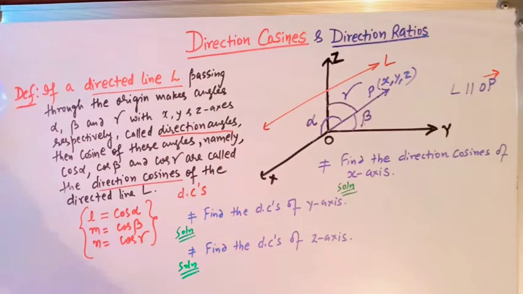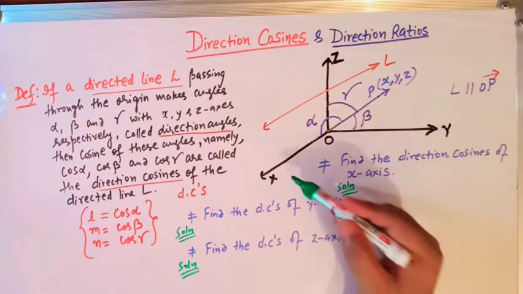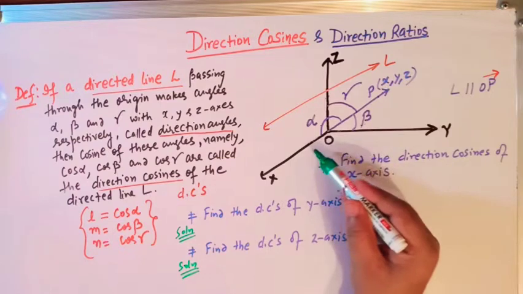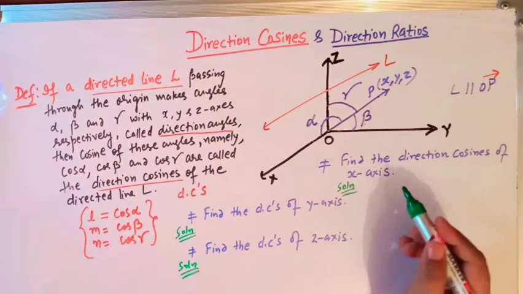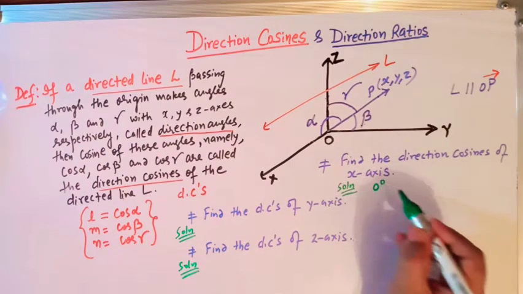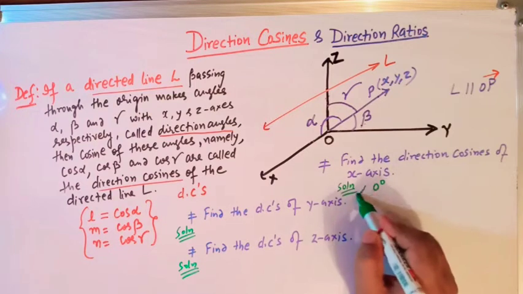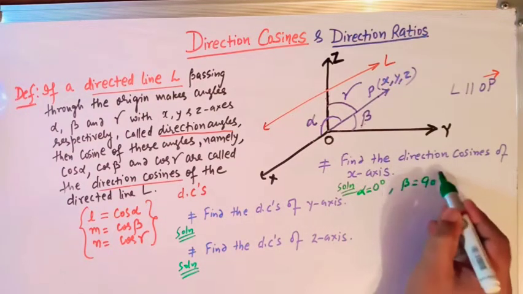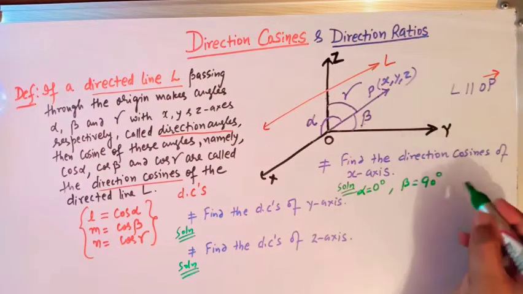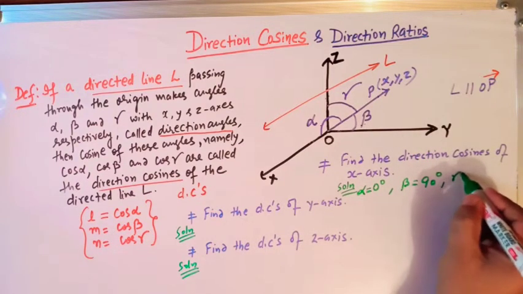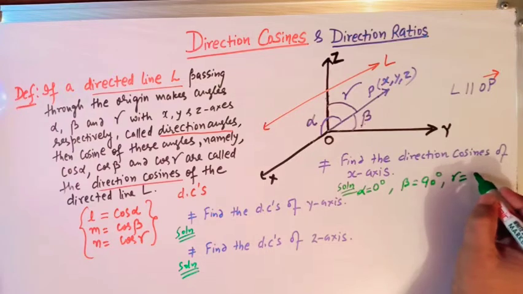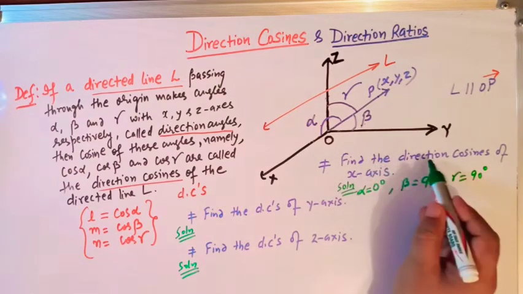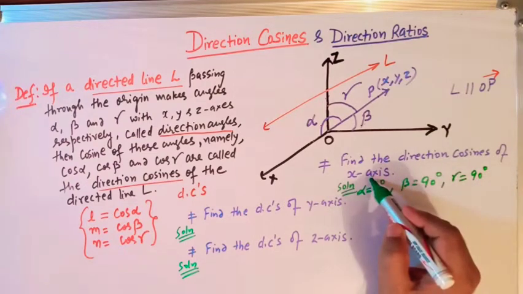So we know that the x-axis makes an angle of 0 degree with itself, 90 degree with the y-axis, and 90 degree with the z-axis, right? We have to find the direction cosines of the x-axis.